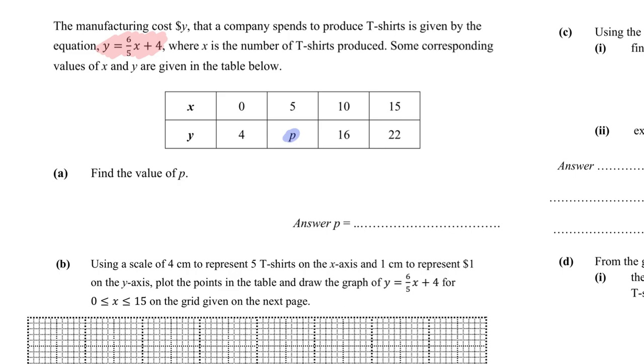Where Y is actually the manufacturing costs to produce t-shirts and X is the number of t-shirts. Looking at this particular table, this is how you should see it. X will be green color, Y is blue color.